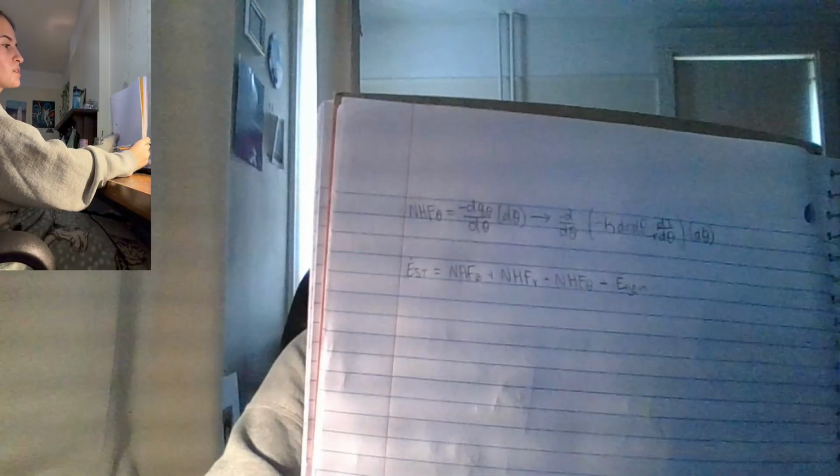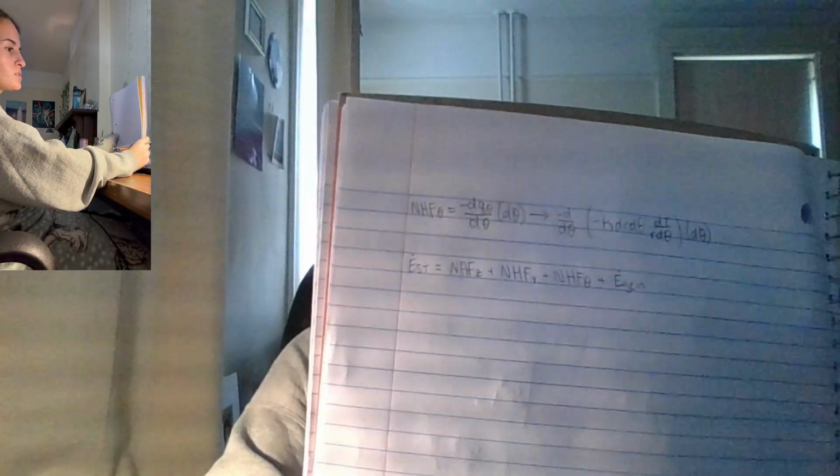So now we can plug this in its entirety into the equation, which was, if you remember, energy storage rate equals all of your net heat flows in each direction. Net heat flow in the z plus net heat flow in the r plus net heat flow in the theta plus the energy generation rate. So that's our total equation for heat flow.